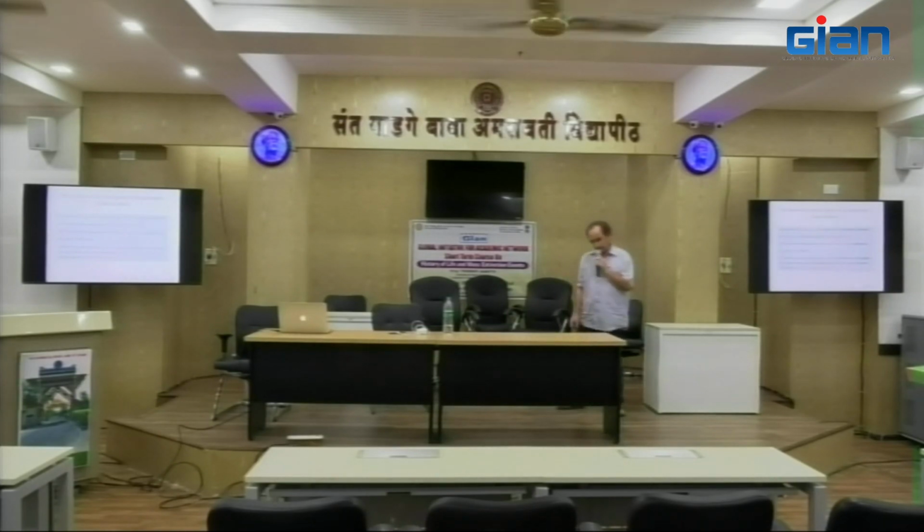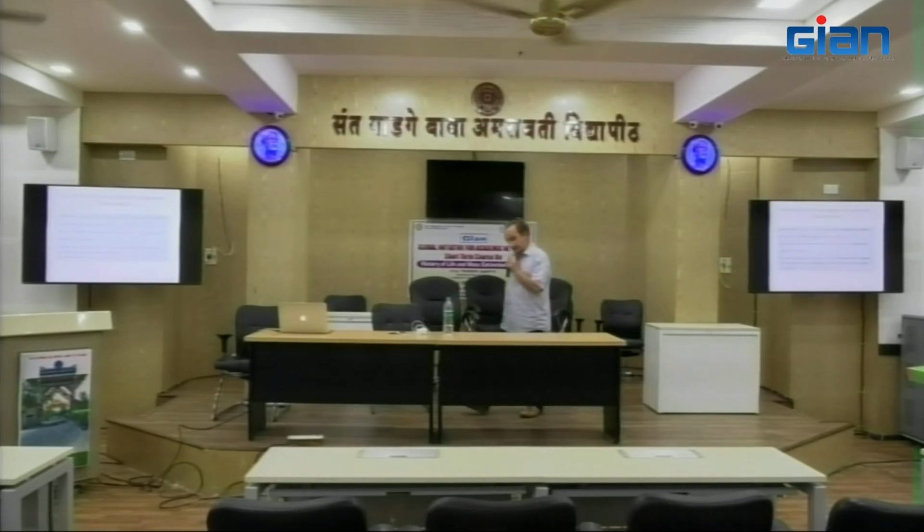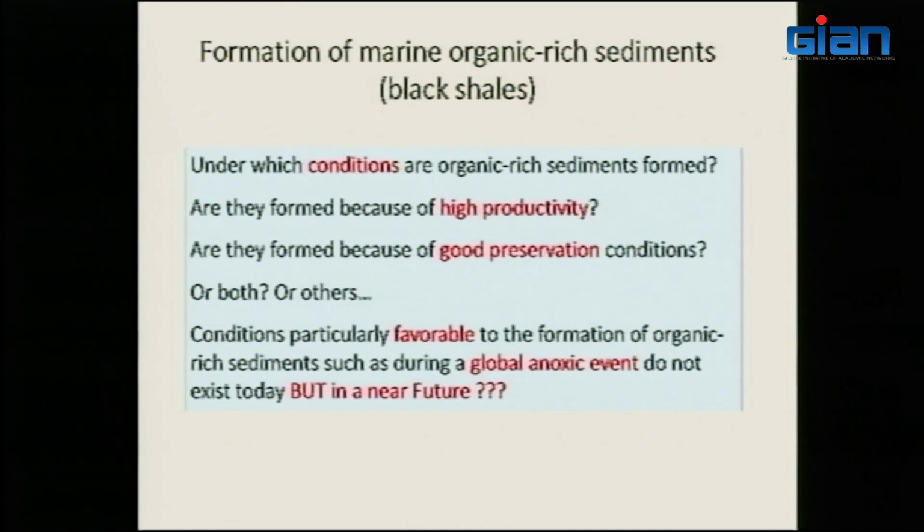Generally, organic matter of marine or lacustrine origin gives good oil, and organic matter of terrestrial origin, coming from plants, generally gives gas, because the first one is enriched in hydrogen and lipids, and the second one is more enriched in oxygen.